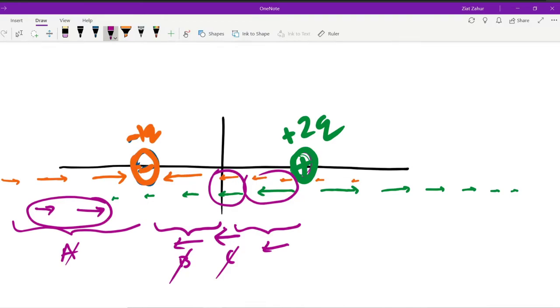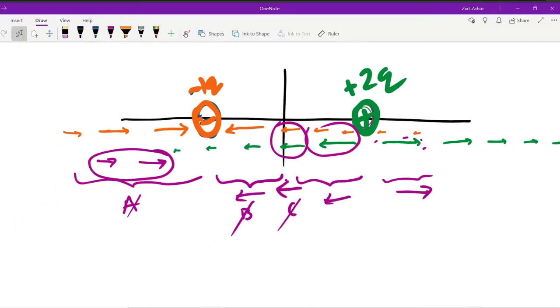And then finally here we are much further away from the orange, and we're very close to the green, so that's right. Now it looks like we canceled all of our options. Oh no. Is it none of the above? But none of the above was not a choice. So now we have to think.